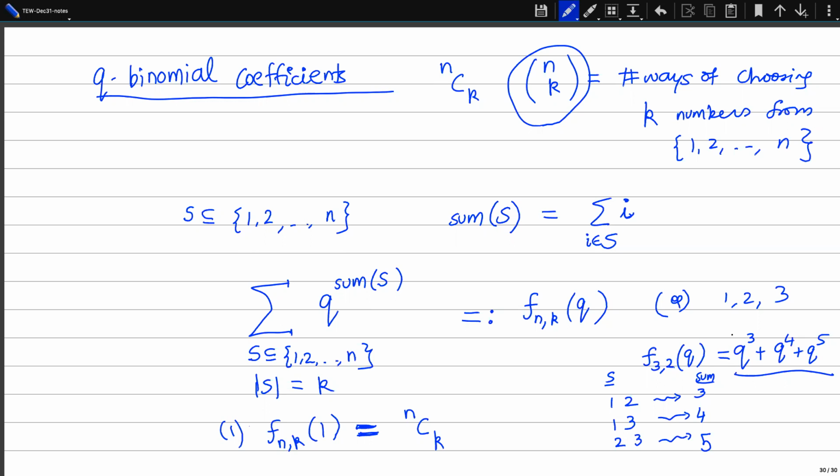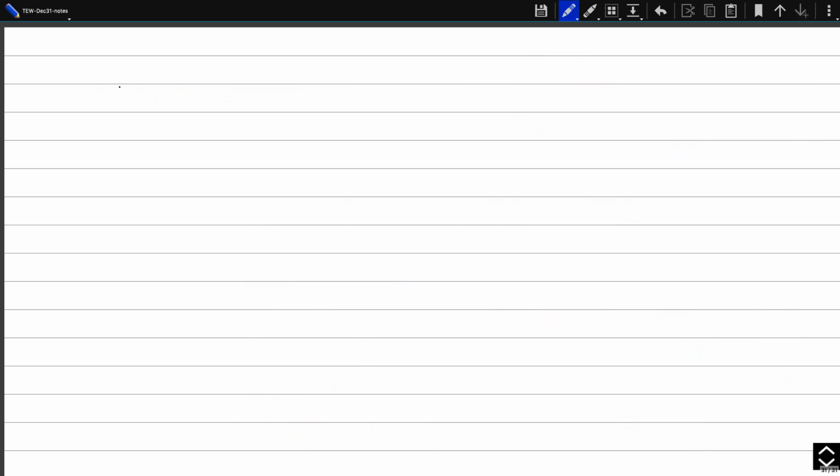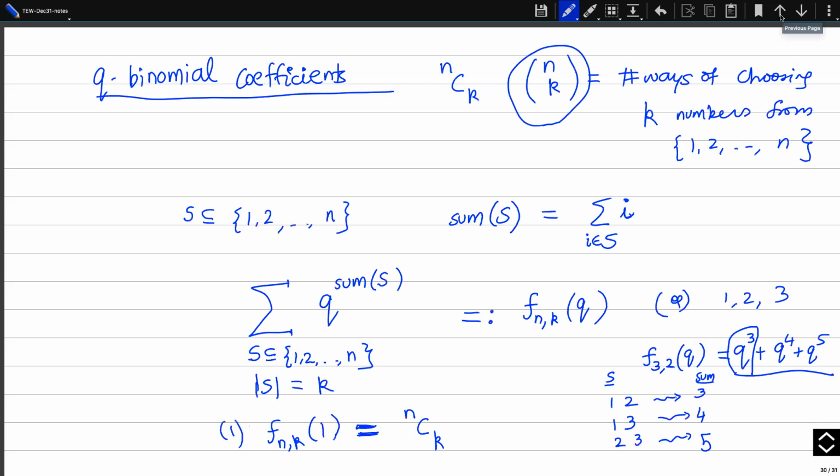The other thing you may notice is that this polynomial doesn't begin with a constant in general. In fact, it will almost always have no constant term. It will begin with some lowest power of q. What's the smallest power of q you can expect to get?